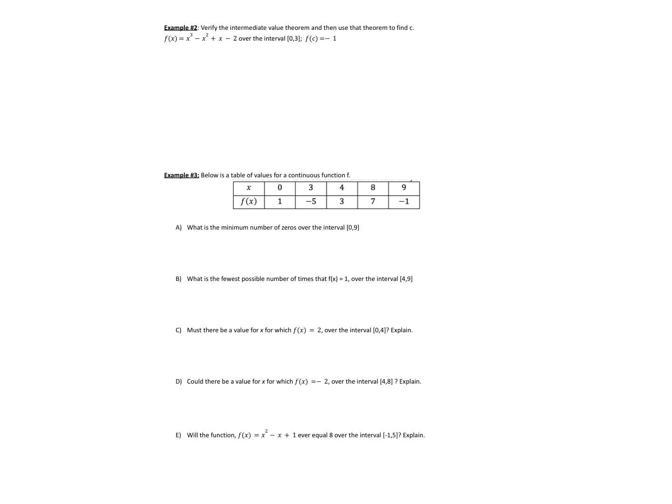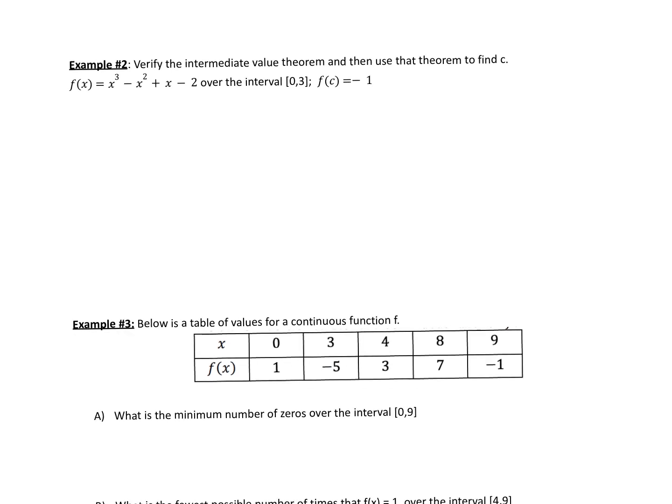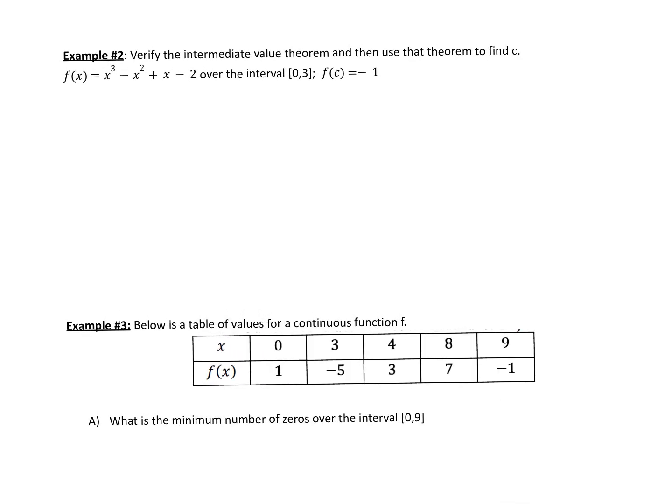Okay, so example number 2: verify with the intermediate value theorem and use that theorem to find C. They're giving us this equation. Can we determine that the f of C value will equal -1 from here to here, and find the C? We always have our interval from A to B, so let's find f of 0 and f of 3.